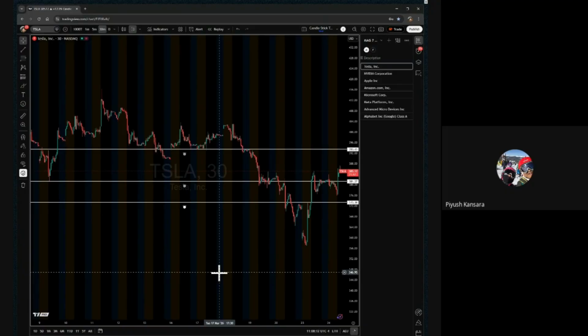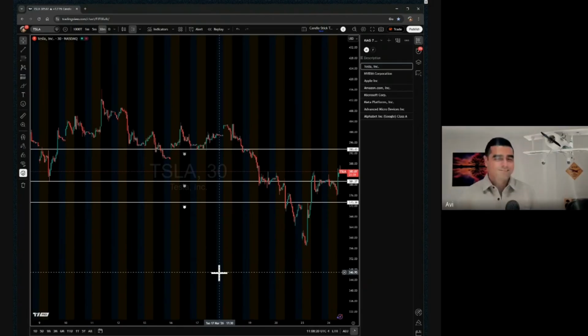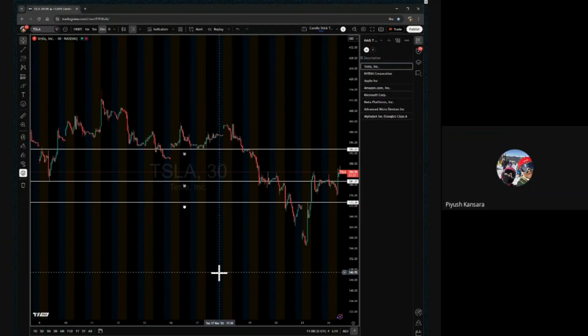But when it's not in proximity or crossing one of those levels, then you don't even have to look at it. Yep, nice. That's a good way to go. You avoid staring at the screens all day, right? Because the longer you sit there and stare at it, the more likely you're going to manufacture something. I tend to do that. Overtrading is one of my sins that I return to regularly.